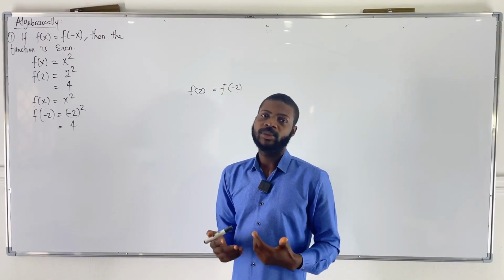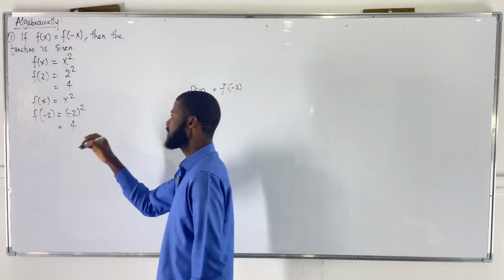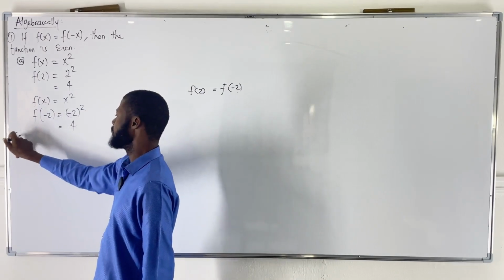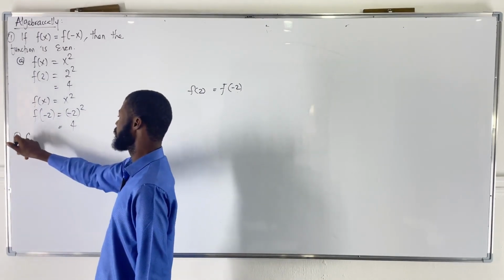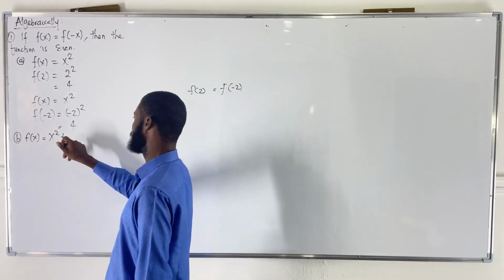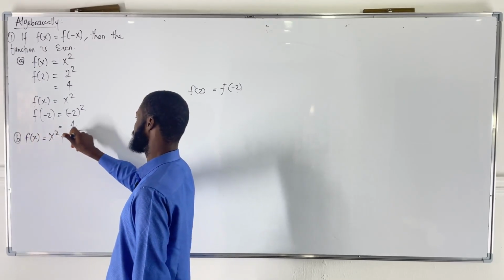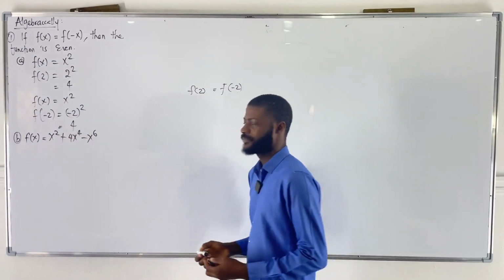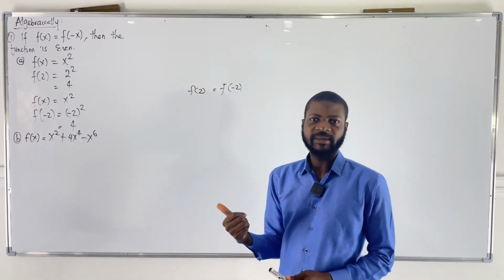Now, another way to look at this, let's say we have a function. So this is A. Let's look at B. Let's say a function f of x is equal to x squared plus 4x to the power of 4 minus x to the power of 6. Would this function be an even function?